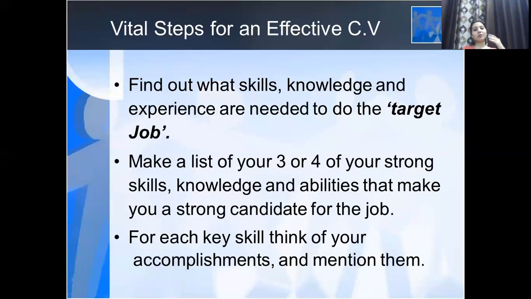And suppose you're mentioning your skills, you should mention what kind of accomplishment and achievement you have, right? Always do that, in your resume and in your PI. Suppose leadership is my skill, being a good team player is my skill, and effective communication is my skill.